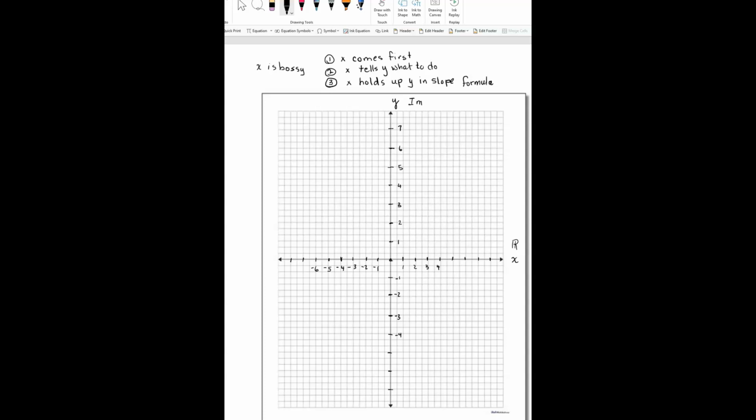All right, so some pieces of information. Here's our origin. Our origin is always 0, 0. That's kind of the turning point for everything. It decides where the x-axis goes from negative to positive, and my y-axis, how it goes from positive to negative as well.